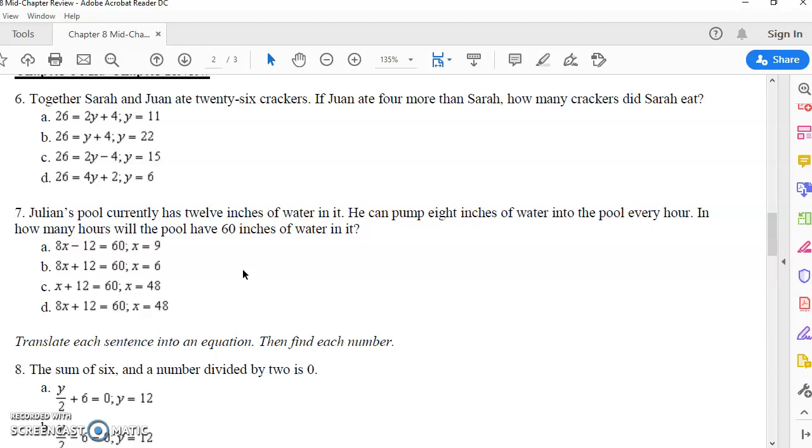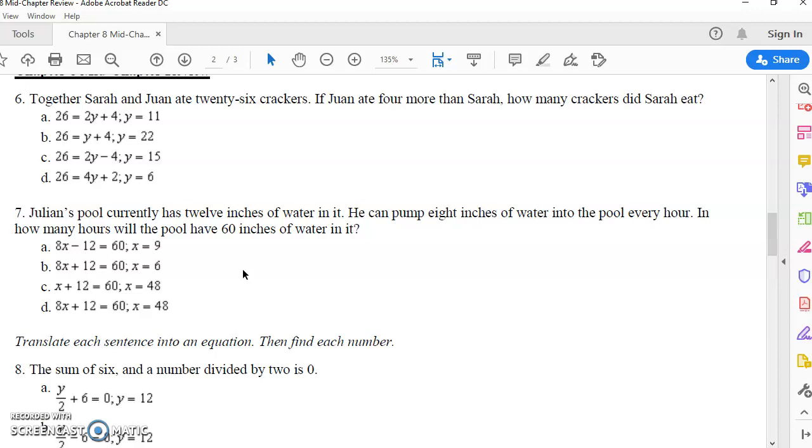So we know 12 is going to be part of one side of your equation as well as 8. So are we adding here or subtracting here? Well, if we are trying to figure out how many inches is going to be added in the pool to equal 60, we're adding versus subtraction. We're not taking away from anything.